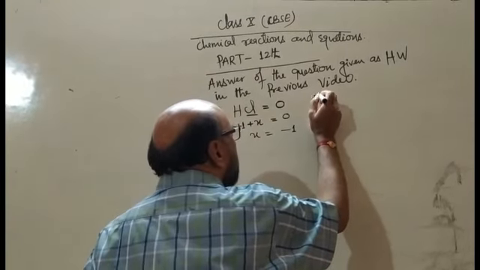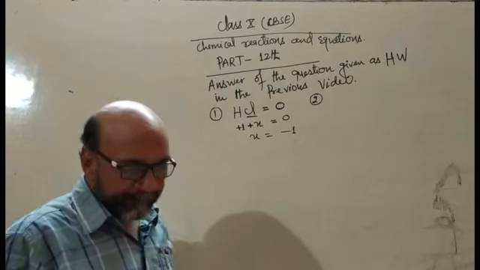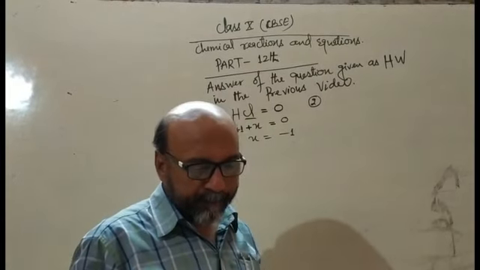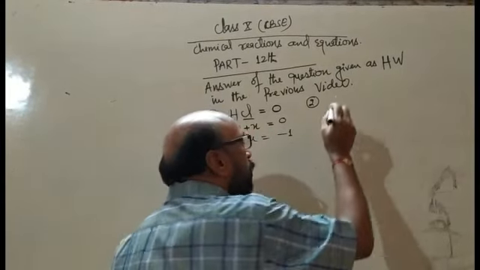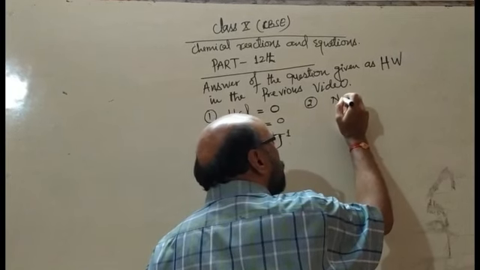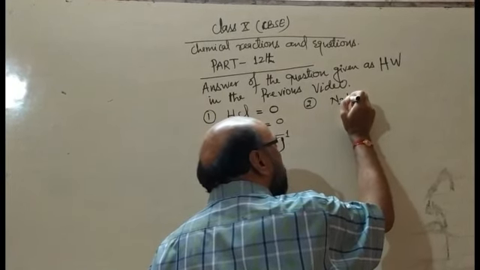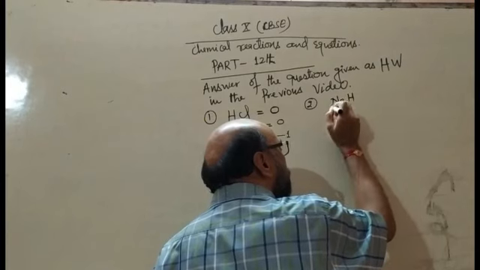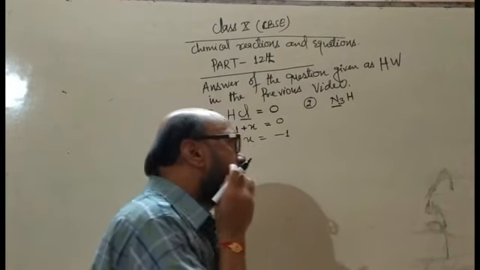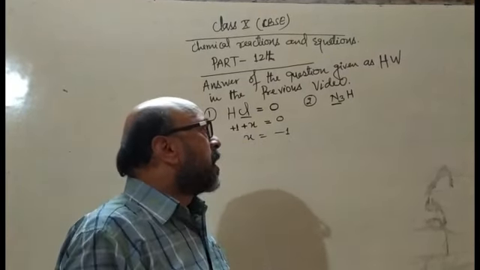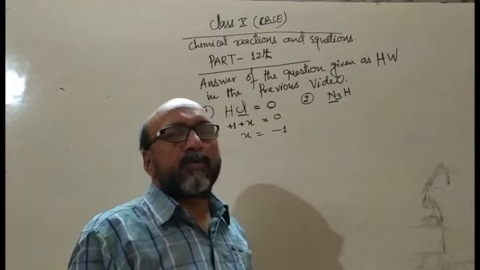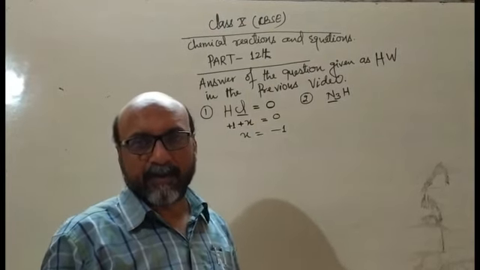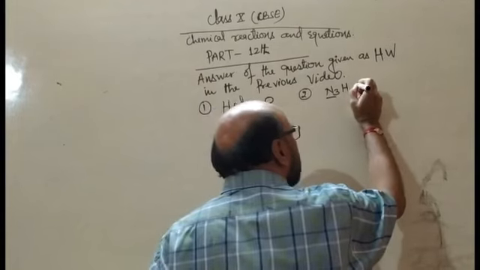The second compound which was given to you to calculate the oxidation state of nitrogen was N3H, in which you have to find the oxidation state of nitrogen. Again, it is a compound.